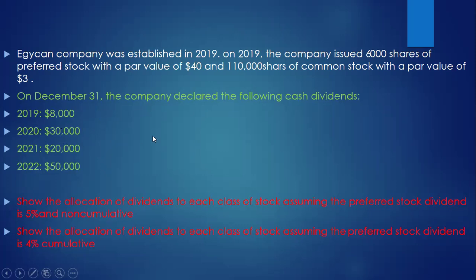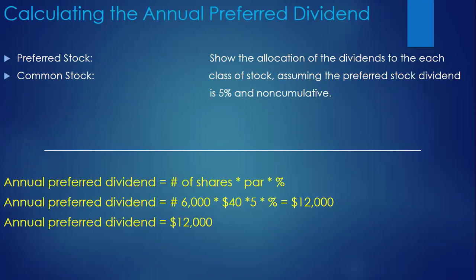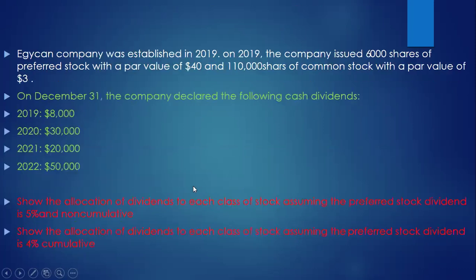However, it might be a bit complicated this way. I think seeing numbers is going to make it much easier. So let's see this table here. A 5% non-cumulative for the 6,000. 6,000 shares. This is the number of shares. 6,000 here.